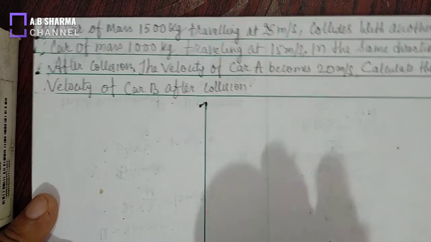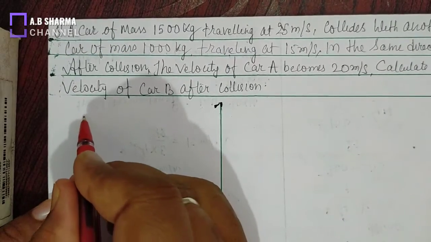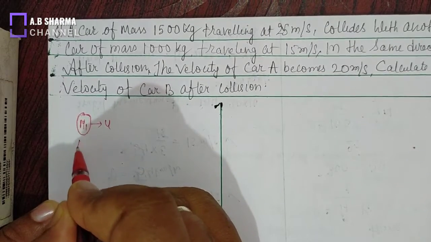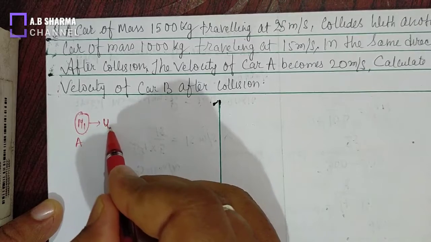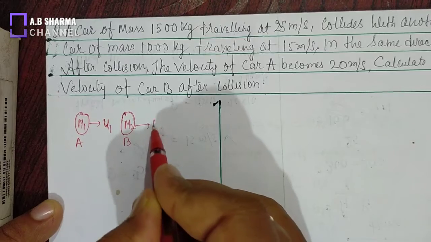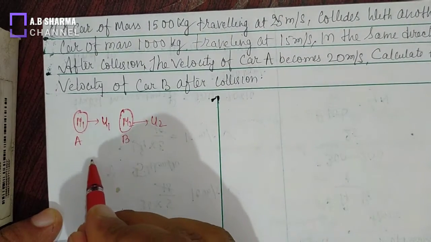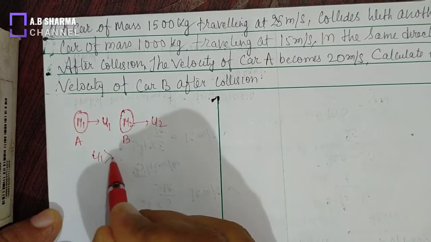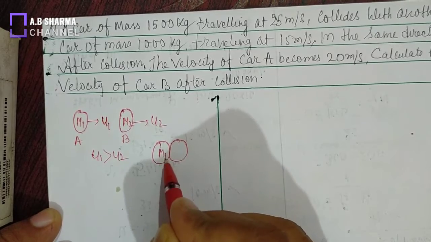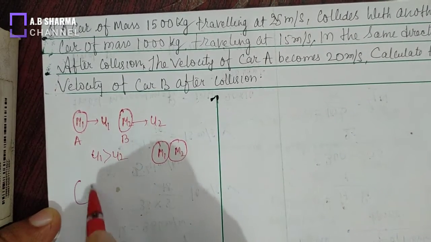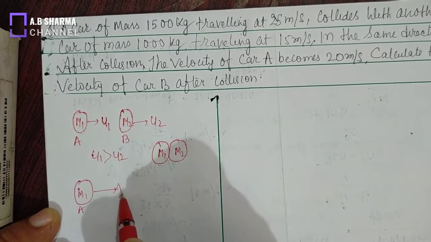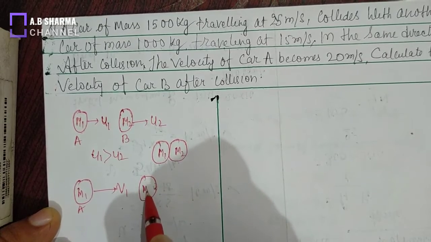We have already seen in the previous video that when object A having mass m1 is traveling with velocity u1, and object B having mass m2 is traveling with initial velocity u2 in the same direction, since u1 is greater than u2, after a certain time there will be a collision and their velocities will change. Now the velocity of object A will be v1 and the velocity of object B will be v2.